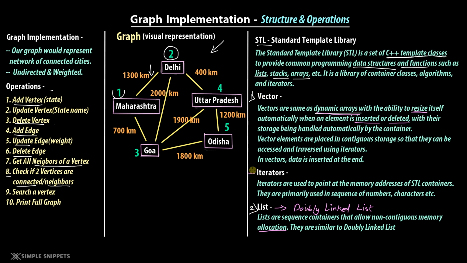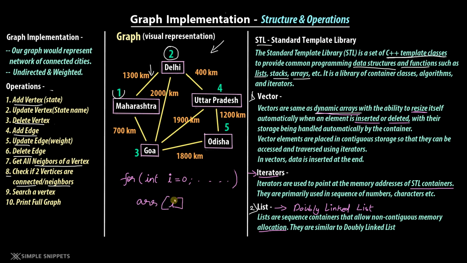And then there is one more entity called iterators, which are nothing but similar to pointers that point at the memory addresses of these STL containers. If you have a for loop, and you are running through the for loop and want to access an element in the array, how do you say that? You say for int i equals 0, and then there is some condition, and then you say arr of i.